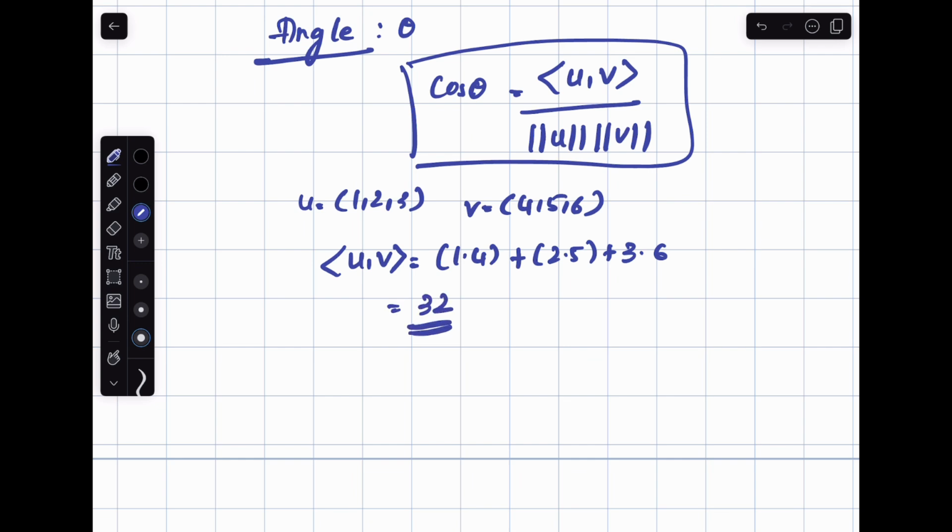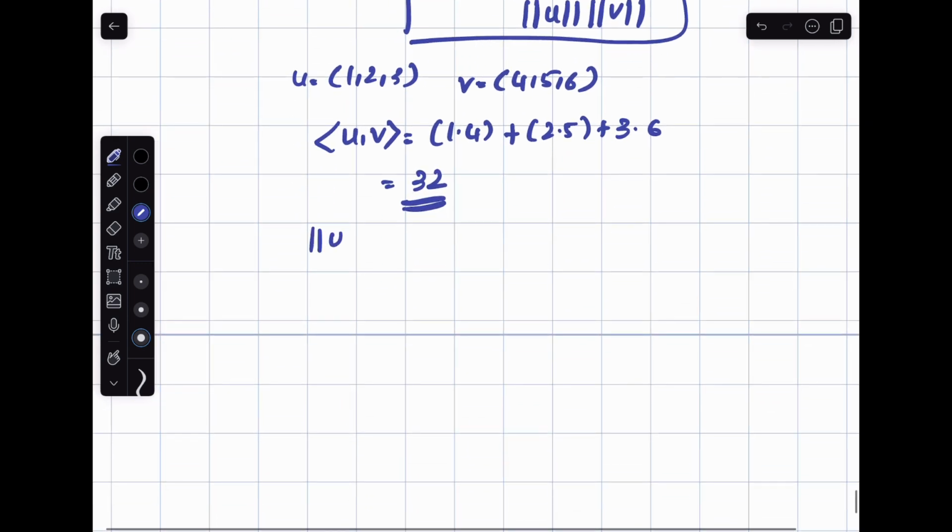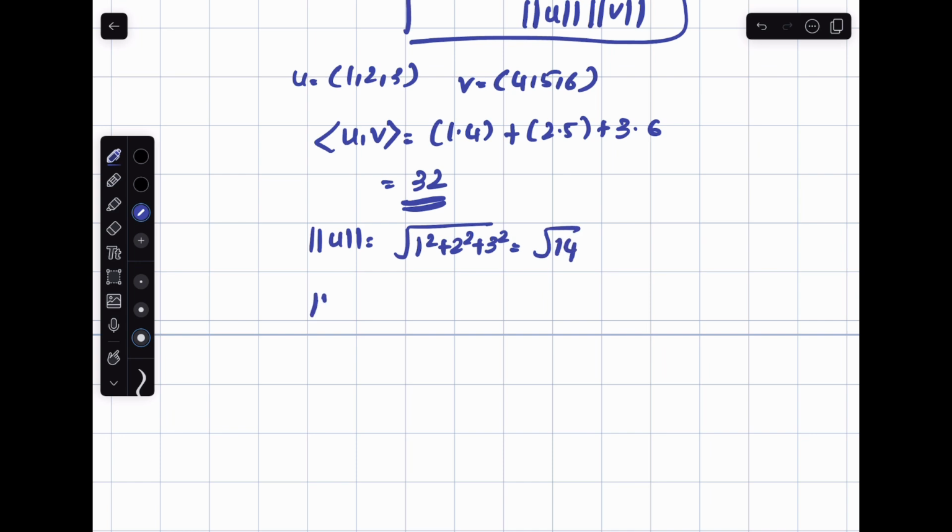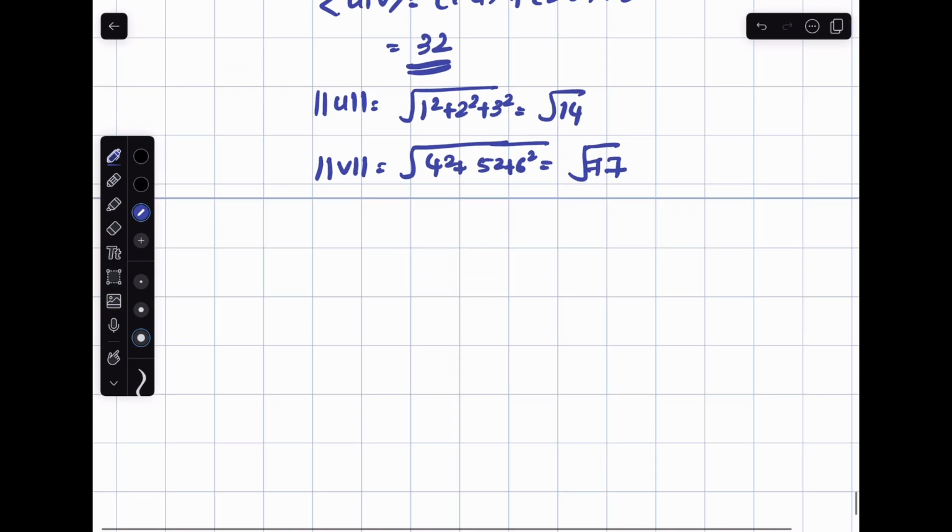Yes, 32. All right, so what is the magnitude of u? We know the formula, it is the root of 1 square plus 2 square plus 3 square, right? So it is the root of 14. The magnitude of v is the root of 4 square plus 5 square plus 6 square, which is the root of 77.